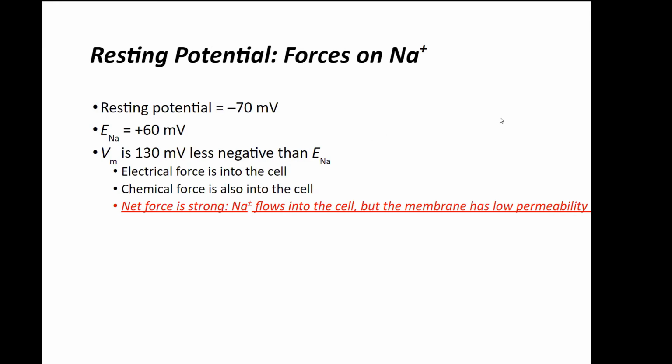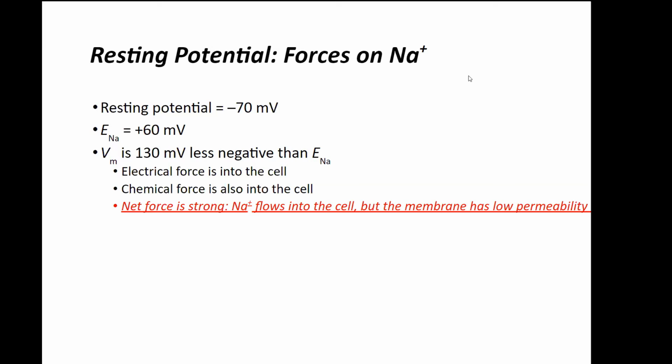So sodium really, really, really wants to get into the cell, but it can't, because this membrane isn't very permeable to sodium. So even though we have this strong force for sodium to flow into the cell, it can't have that much effect on the resting membrane potential because those channels mostly don't exist. So even though we have this strong force, it can't be released.